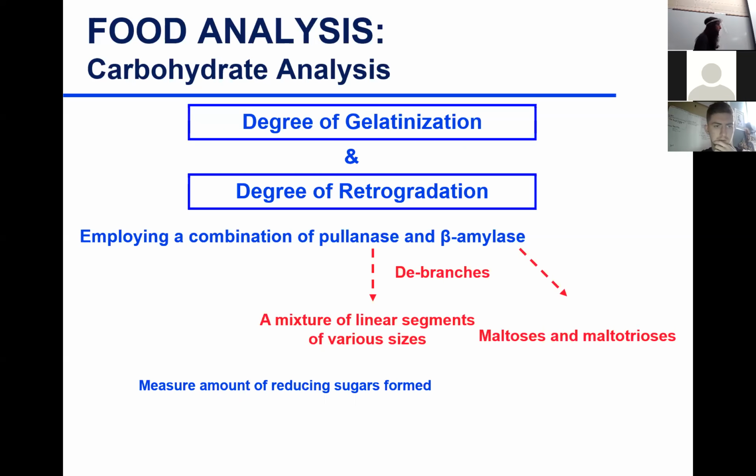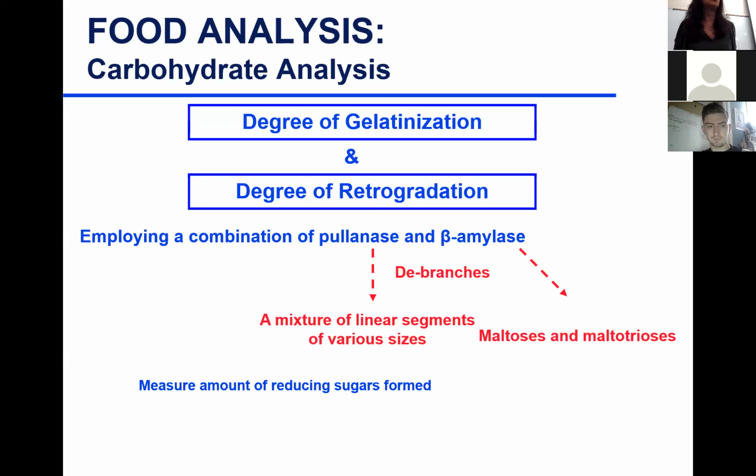So if we have a product and we want to determine the degree of gelatinization, we can use pullulanase and beta amylase. So in this case, pullulanase is going to debranch the starch, and beta amylase is going to cleave off 2 or 3 glucose units at a time, giving us maltoses and maltotrioses.